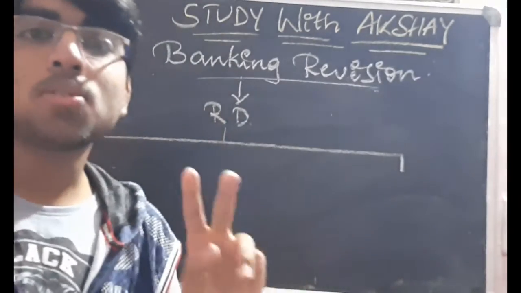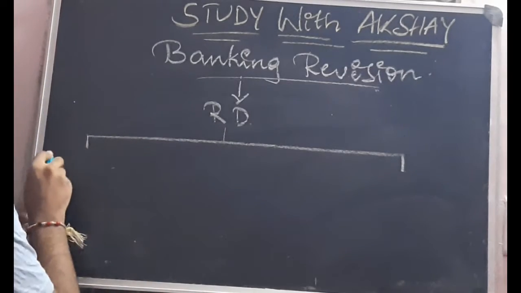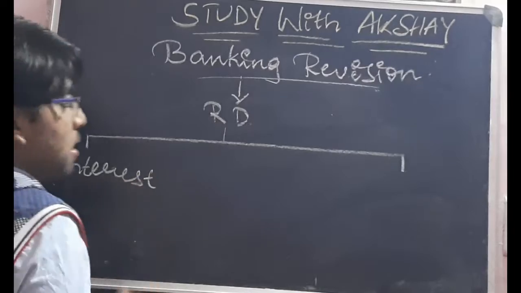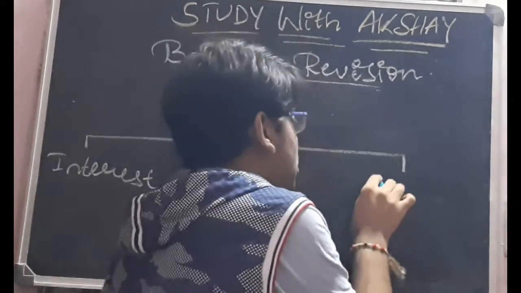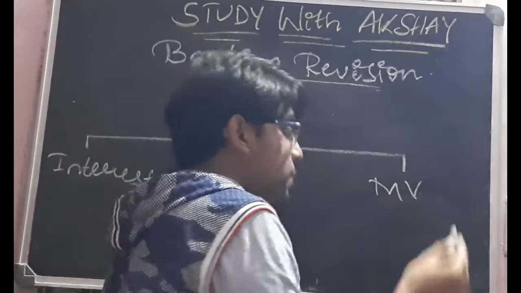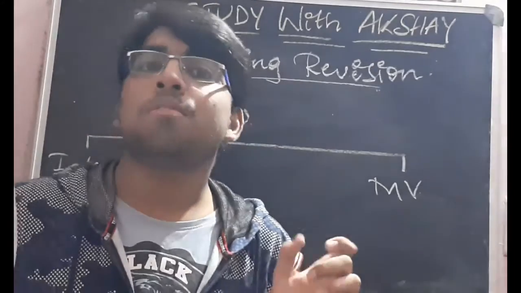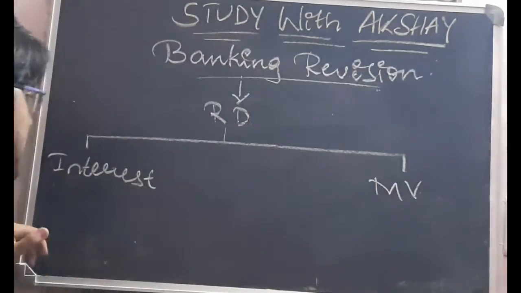What are the two phases of recurring deposit? The first phase of recurring deposit is interest, and the second phase of recurring deposit is maturity value. Both of them have different formulas as well, which we have learned. I will be revising those formulas as well.